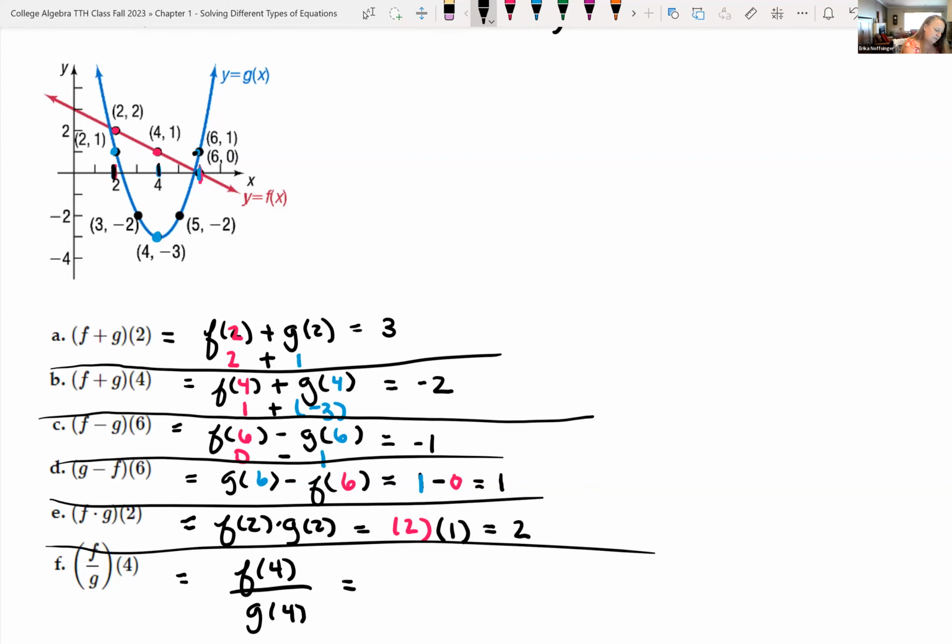So when x is 4, my f of 4 is 1 divided by my g of 4. When x is 4, g of 4 is -3. So looking at the graph, we can figure out what those operations of those two functions at a particular number is.